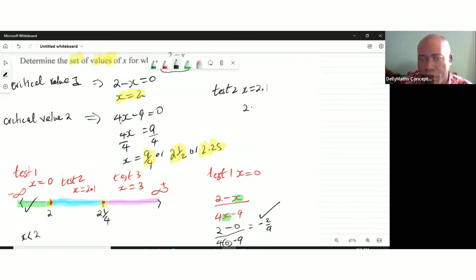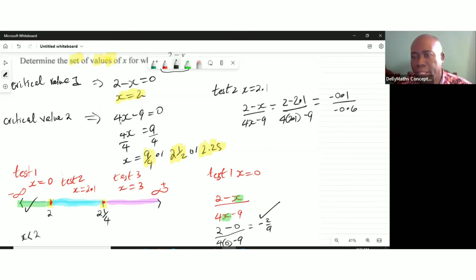We have (2 minus x) over (4x minus 9), so (2 minus 2.1) over (4 times 2.1 minus 9). Let's see what we get. We are getting negative 0.1 at the top, and at the bottom we're getting negative 0.6. Negative and negative gives us a positive, so that's a positive number we're looking at.